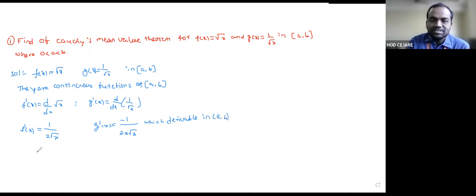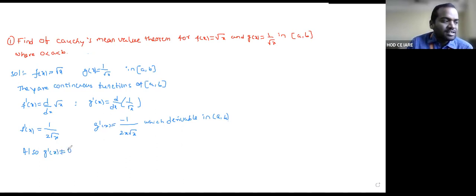The second condition is also satisfied. Next, also g dash of x is not equal to 0.